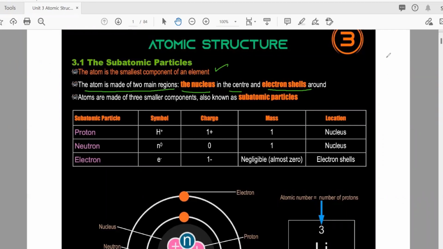For example, if this is the atom, in the atom you'll find two parts. This is the center of the atom. It is known as the nucleus. And you will find the shells or orbits around the nucleus.